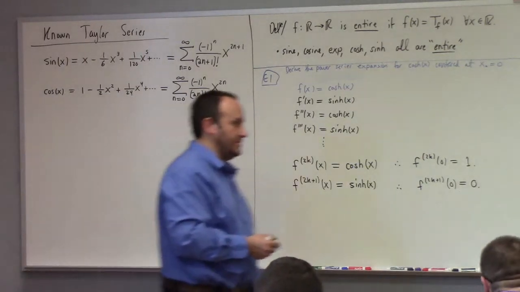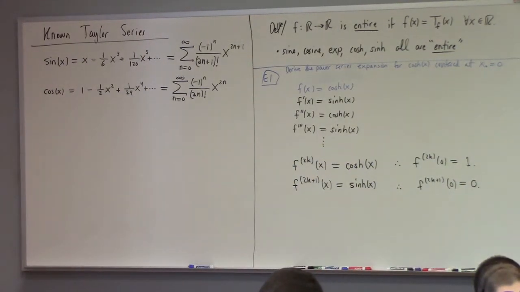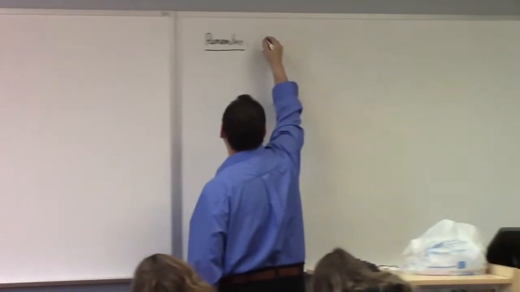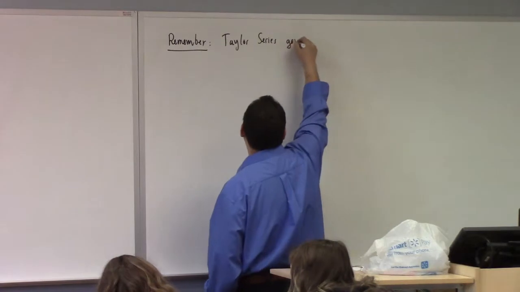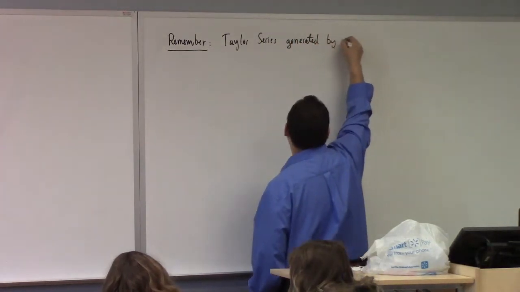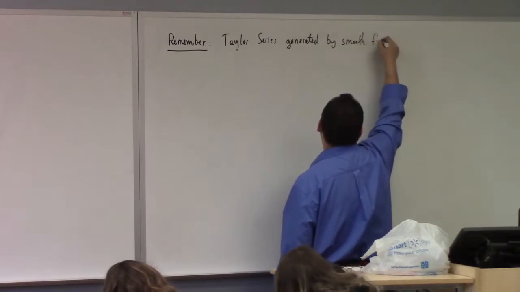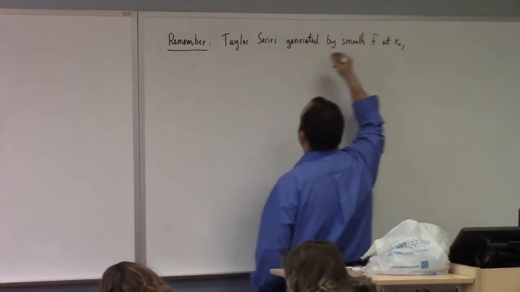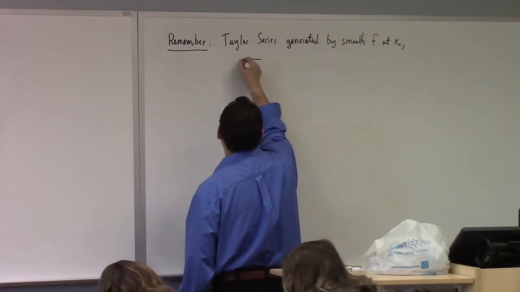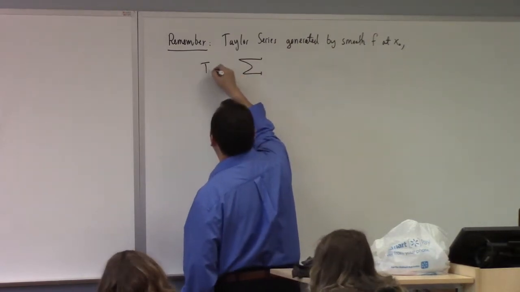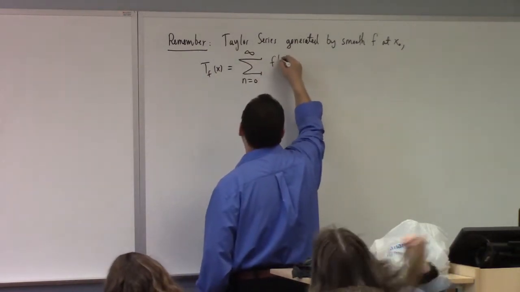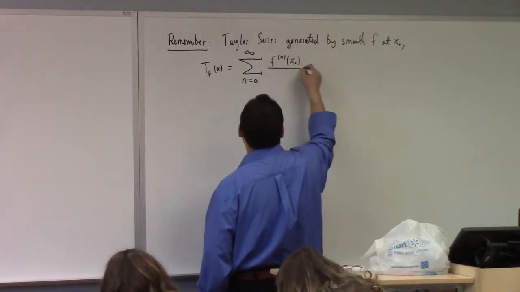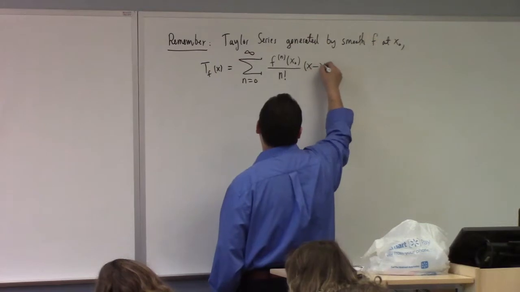Just let me put it over here for our reference. Remember, the Taylor series generated by smooth f at x naught, I called it TF of x, is the sum n equals 0 to infinity: we take the nth derivative, evaluate it at x naught, divide by n factorial, and multiply by x minus x naught to the n.